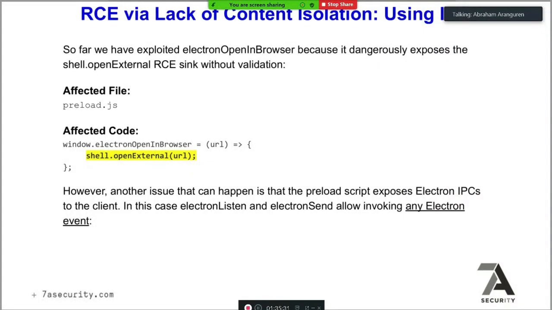Now, another thing is exploiting the lack of context isolation, right? If you have no context isolation and you have Electron open in browser, shell open external URL, then this is another way to gain code execution. Normally you would not have the ability to do shell open external URL from an XSS on the renderer, but if the preload script does something like this, then you can, right?